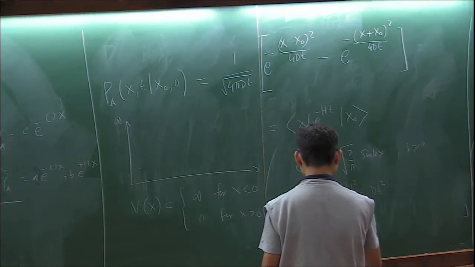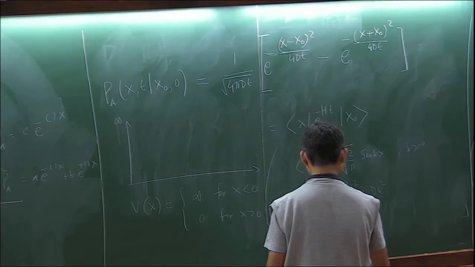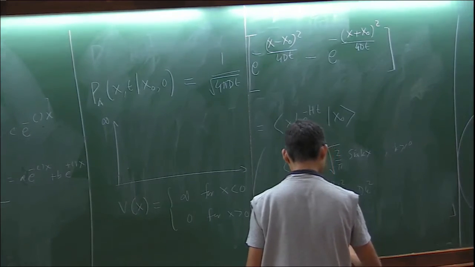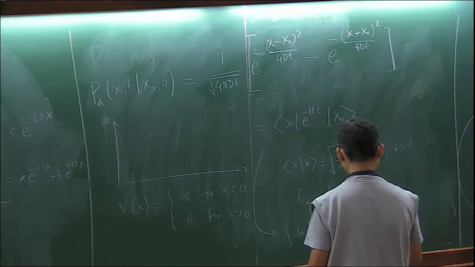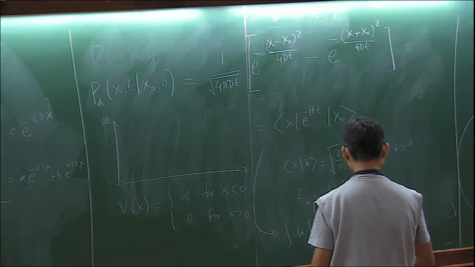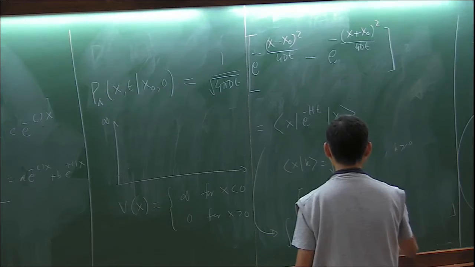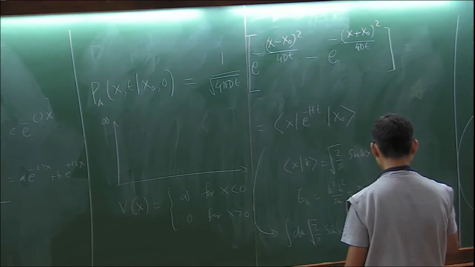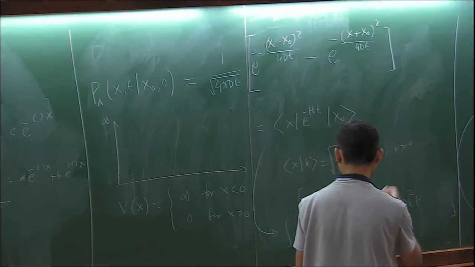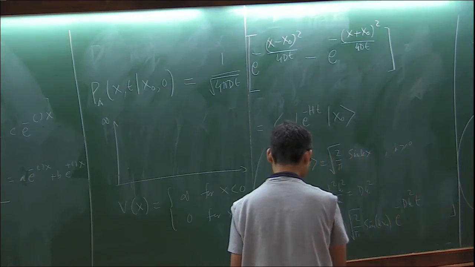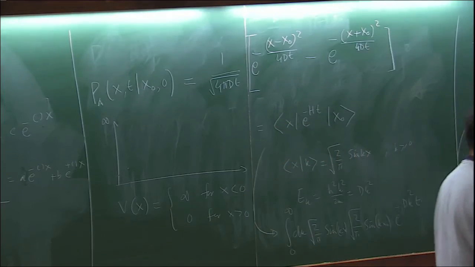One guy will give you the square root of 2 by pi times sine kx, the other will give you sine k x0, and then there's e to the power minus t k squared.